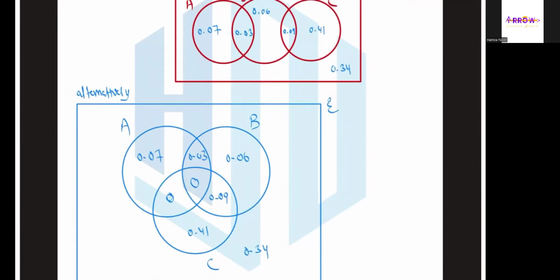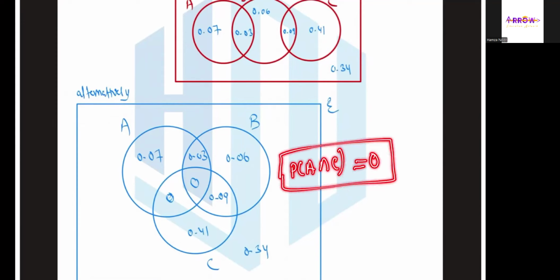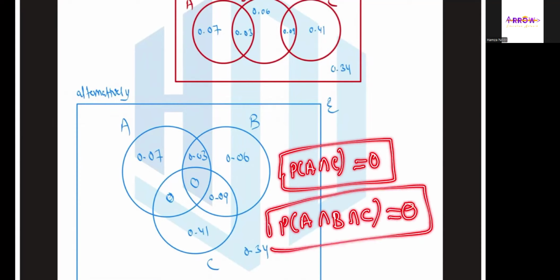What I'm trying to say is that when there is no overlap between A and C, meaning the probability of A intersection C is equal to 0, this essentially means that the probability of A intersection B intersection C is also equal to 0.